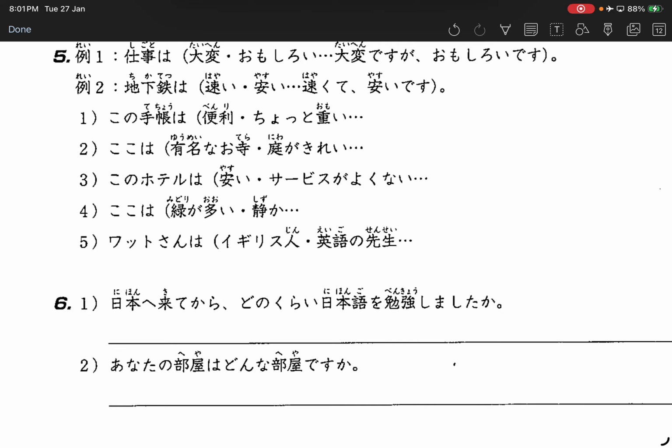How to flip the position of these two? ここは静か。静かで緑が多いです。Okay. ここは静かで緑が多いです。Next one. ワットさんはイギリス人。Waiting for your answer.